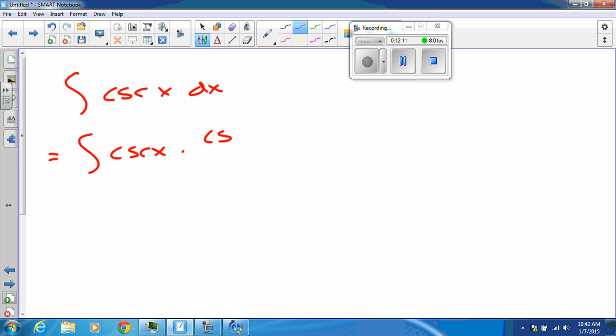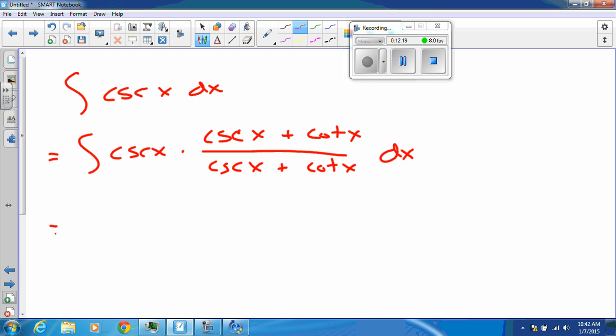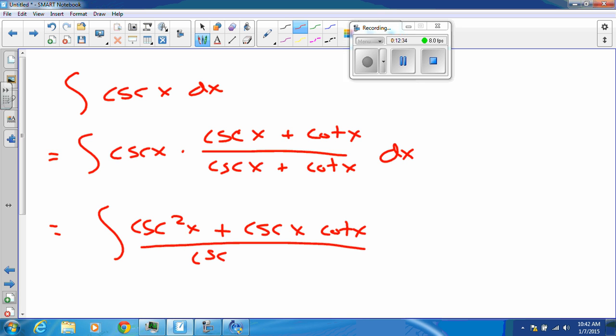Let's try it. All right, keep going. Cosecant squared plus cosecant x cotangent x, all over cosecant squared plus cosecant x cotangent. Cosecant x plus cotangent x. Yep.